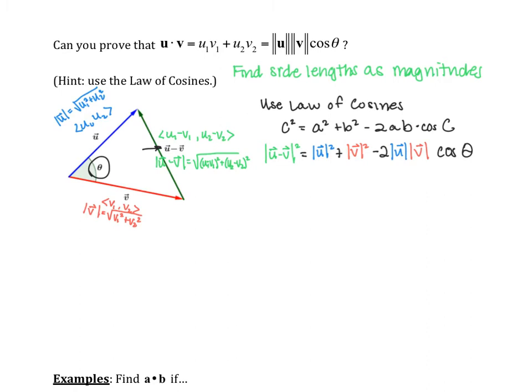Okay, so what I'm going to do now is in place of the magnitudes, I'm going to plug in what the magnitudes equal. So let's start with the magnitude of u minus vector v. That would be the square root of u1 minus v1 squared plus u2 minus v2 squared, all squared.